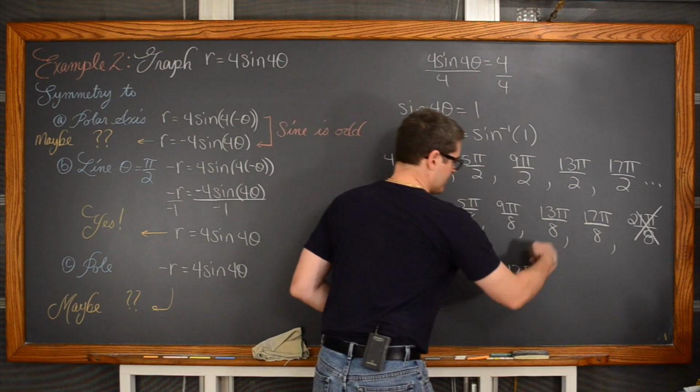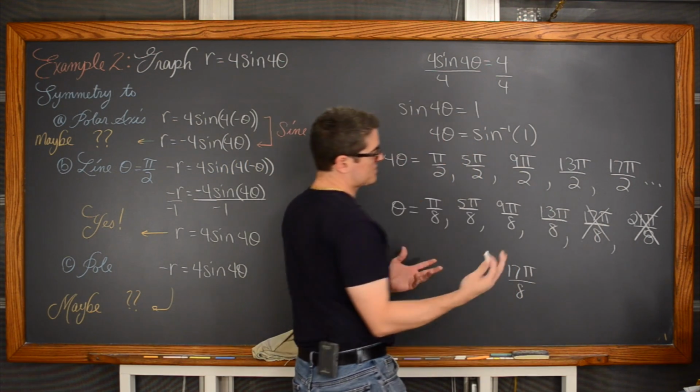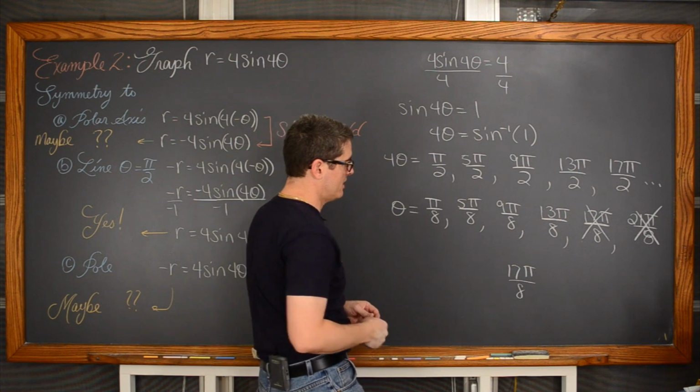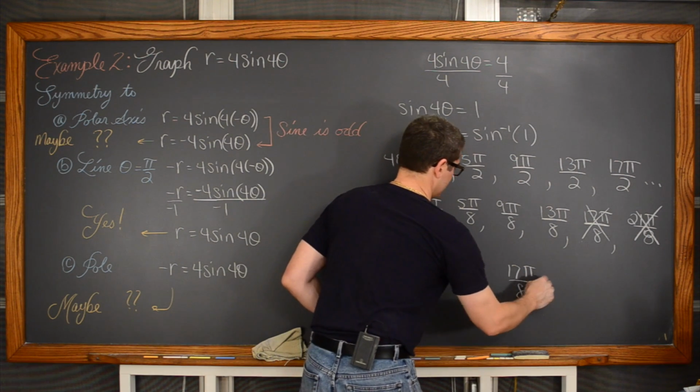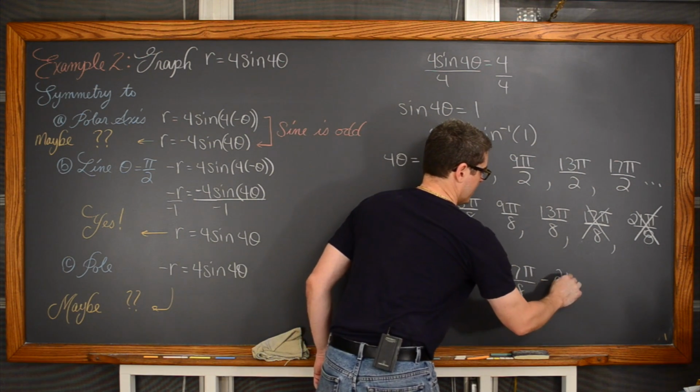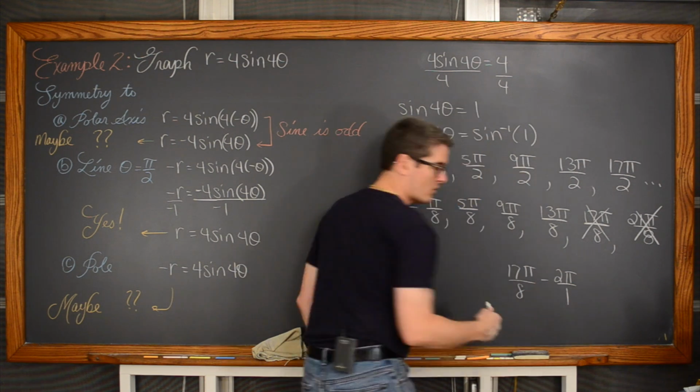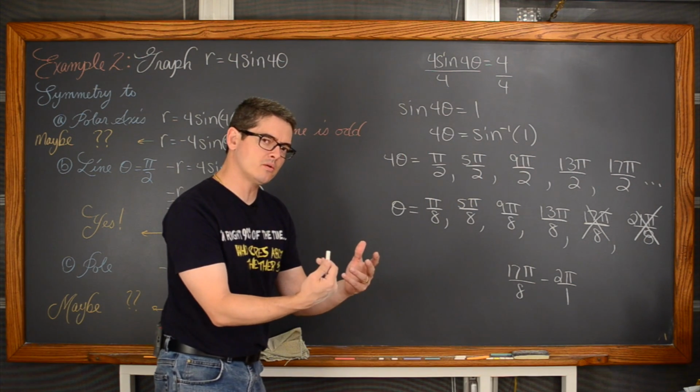Sorry about that. If I take 17 pi over 8 and subtract 2 pi, I'm looking for a coterminal angle.